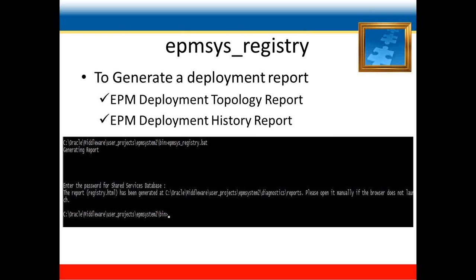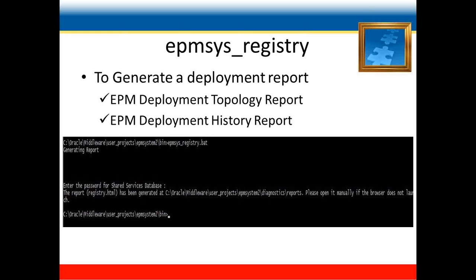The utility EPM_registry will provide us with a report, but it will be a report generated and targeted for the registry that we configure during EPM configuration. So basically this report gives us the EPM deployment topology report. It will consist of logical web addresses, all logical web applications and all web servers that are configured.